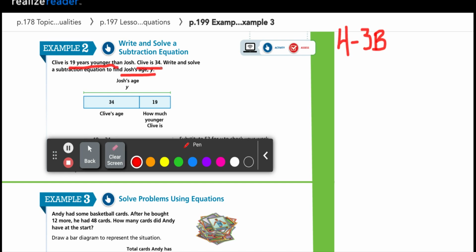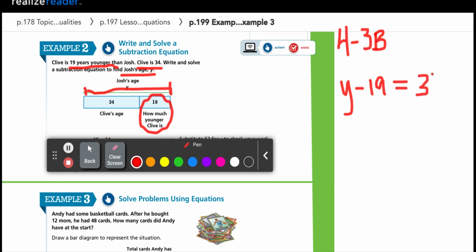So if we start with Josh's age, Y, which is this whole amount Y, and then we subtract 19, because Clive is 19 years younger than Josh. That's going to leave us with Clive's age, which we know is 34.